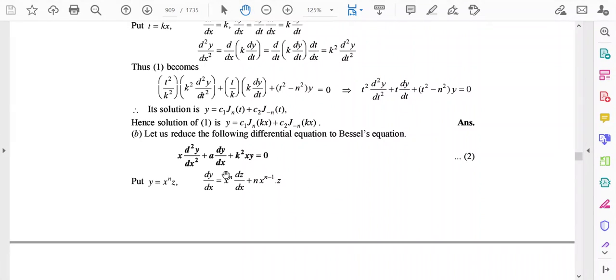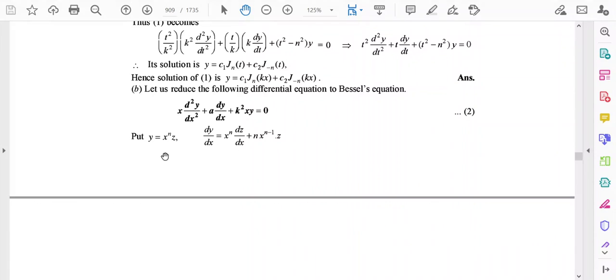In this case the trick is that we have to assume y is equal to x to the power n into z. Then we have to calculate dy by dx. This is x to the power n into dz by dx plus n into x to the power n minus 1 into z. This is the value of dy by dx.